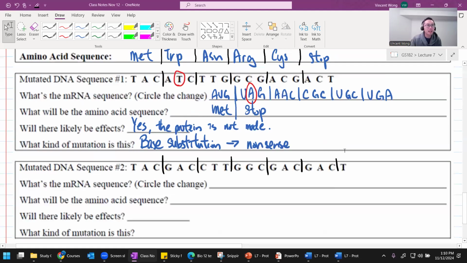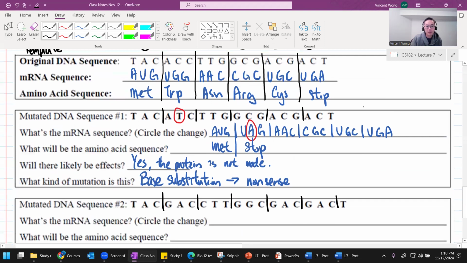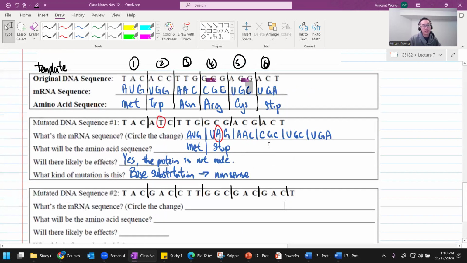That's a telltale sign that this is an insertion mutation, and you probably inserted an extra nucleotide. So you're going to have to compare to the original once again and see where the extra nucleotide was inserted. Is it codon 1, 2, 3, 4, 5, 6? Where is it? Find it.